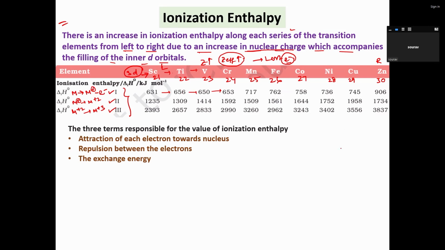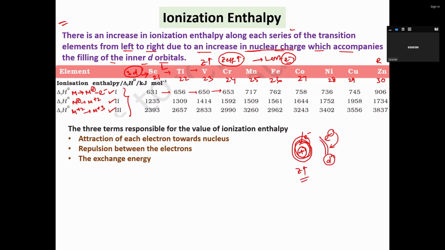The reason is that, suppose this is the nucleus and these are the d orbitals. When one electron enters the d orbital, the effective nuclear charge increases.